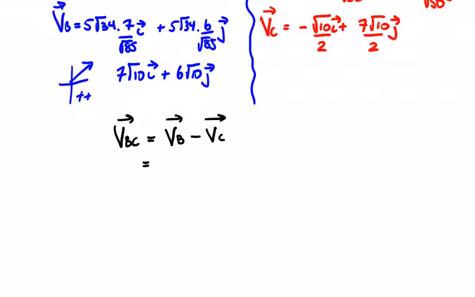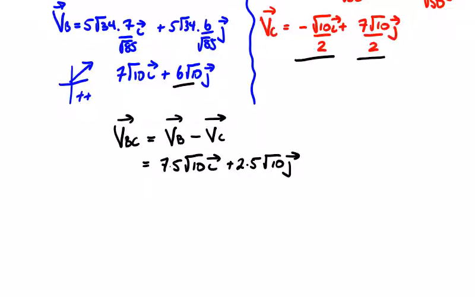So 7 root 10 minus root 10 over 2, so that's a half of root 10, so that's 7.5 root 10 if we add the half in the i direction. We're going to have 6 root 10 minus 7 over 2 minus 3.5. 6 minus 3.5, that's plus 2.5 root 10 in the j direction.